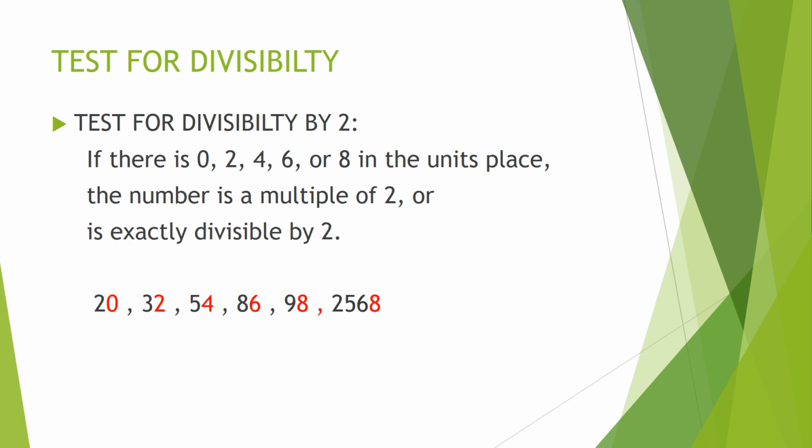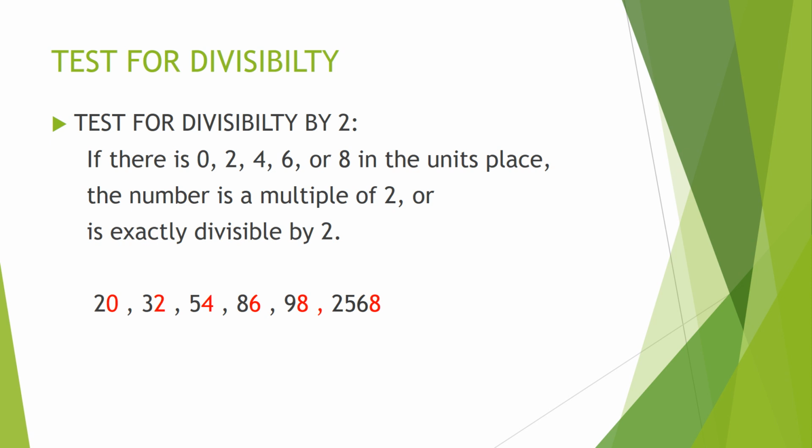The rule for the test for divisibility by 2 states: if there is 0, 2, 4, 6 or 8 in the units place, the number is a multiple of 2 or is exactly divisible by 2. Multiple of 2 means it will come in the table of 2, and exactly divisible by 2 means that whenever you divide that number by 2, you will get the remainder as 0.